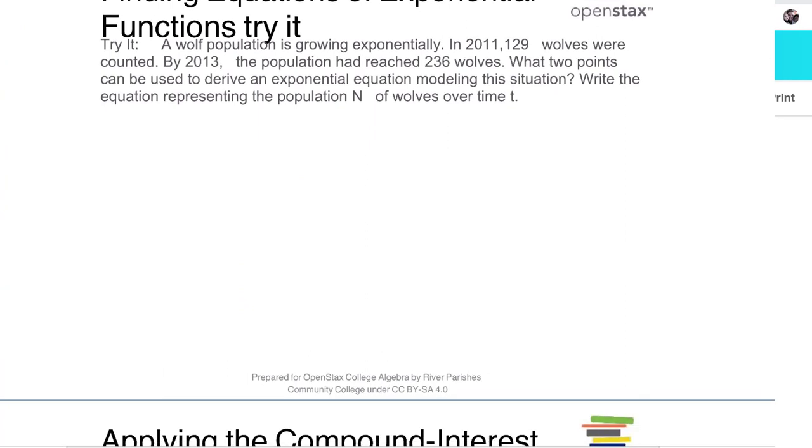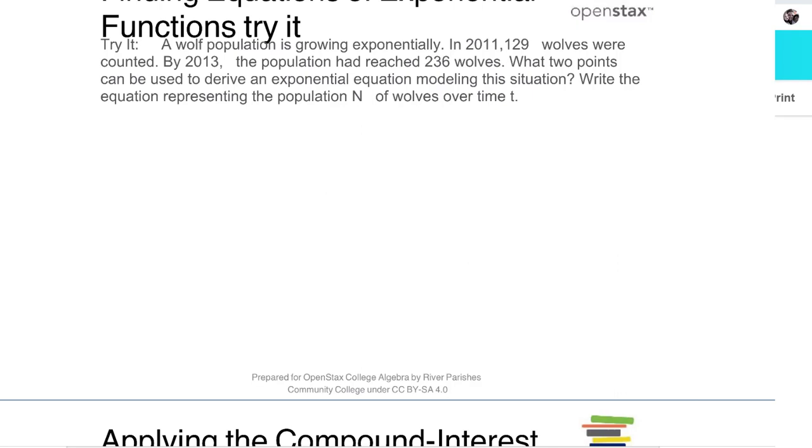Alright, so let's try one more. A wolf population is growing exponentially. In 2011, 129 wolves were counted. By 2013, the population had reached 236 wolves. What 2 points can be used to derive an exponential equation modeling this situation?